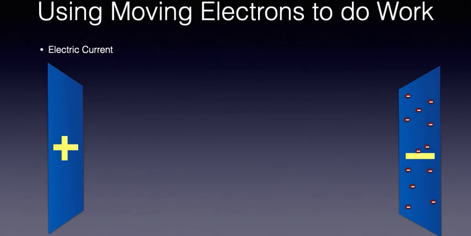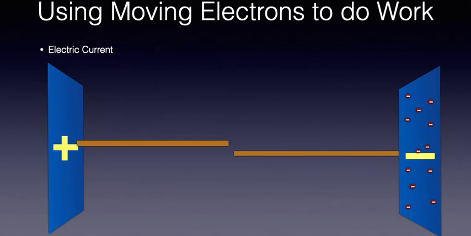But instead of a single wire, what would happen if we use two separate wires and we leave a gap between them, like this? Then in that gap, we could put a device that uses the energy of moving electrons. A light bulb is an example of something that does that.